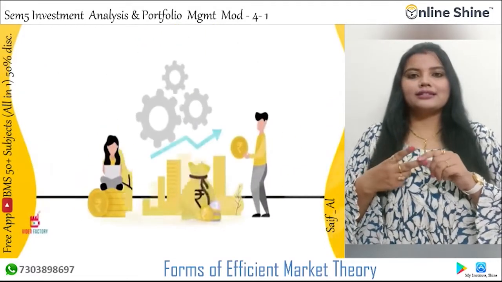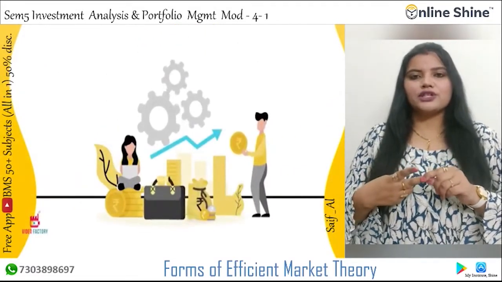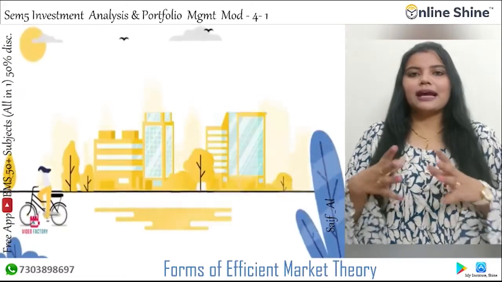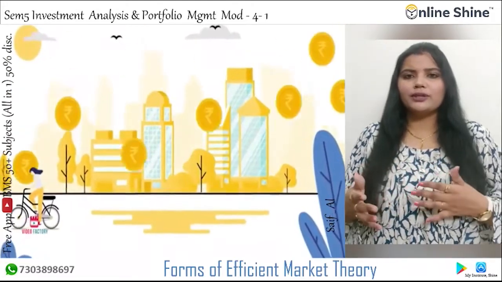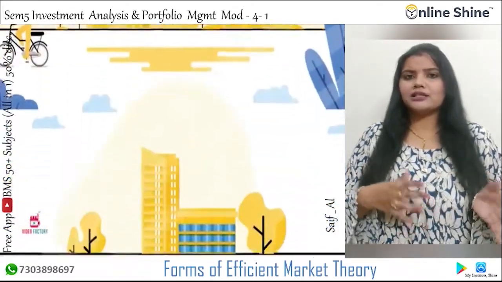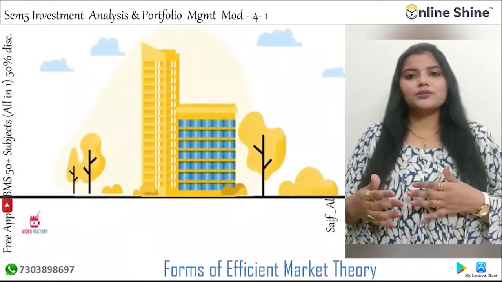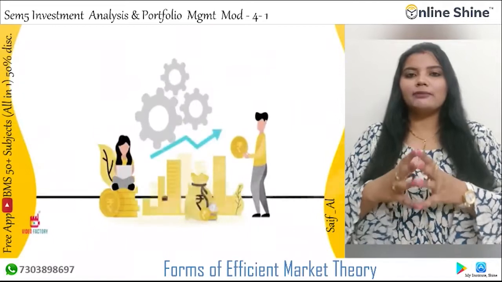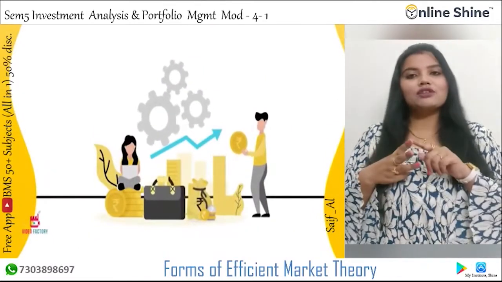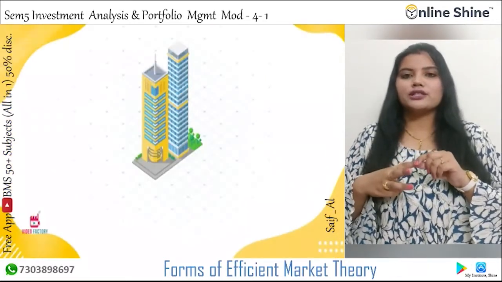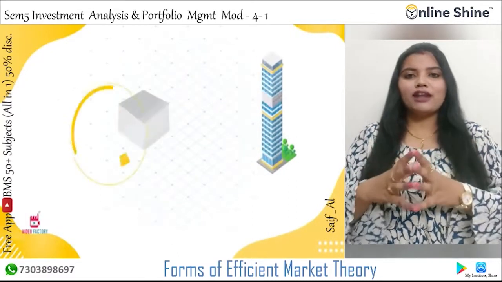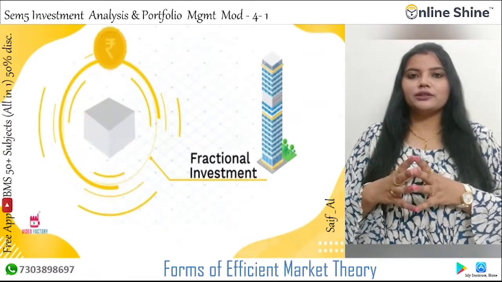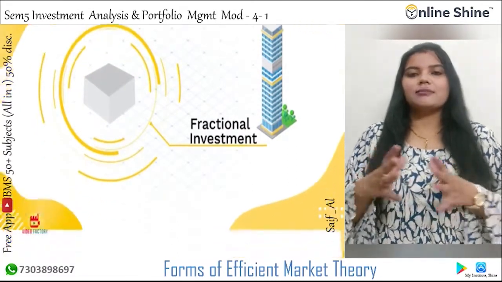Next is semi-strong form efficiency. In this, prices reflect not only all information found in the record of past prices and volumes, but also all other publicly available information. And the last one is strong form efficiency: prices reflect all available information, public as well as private.